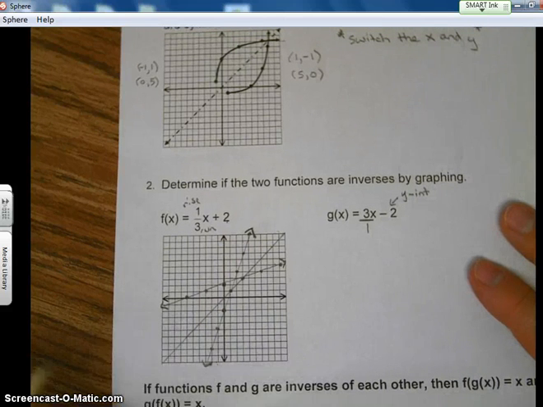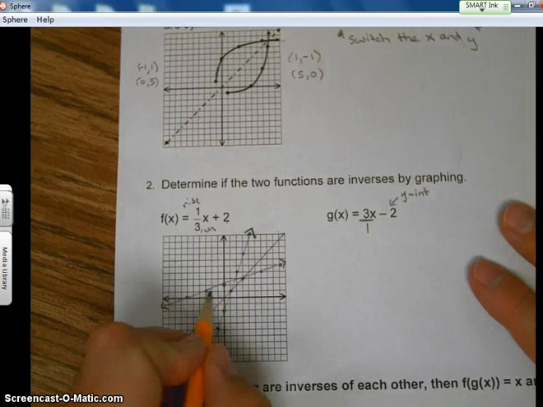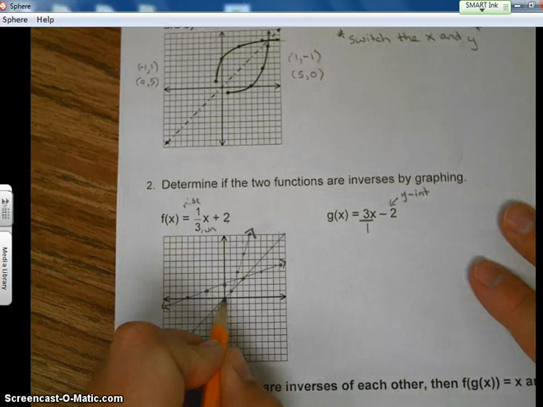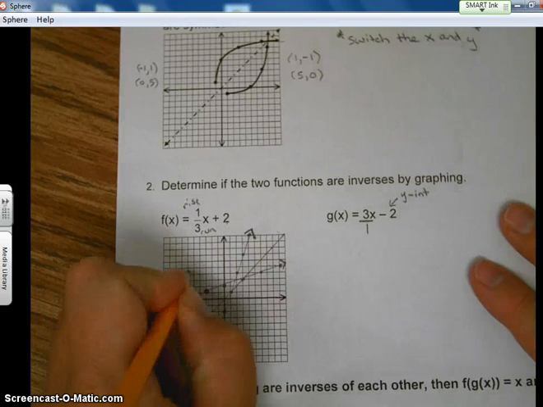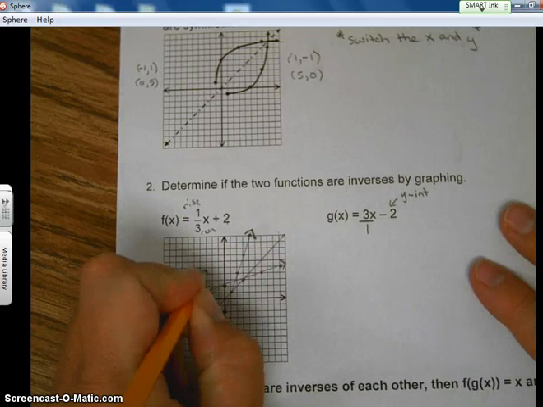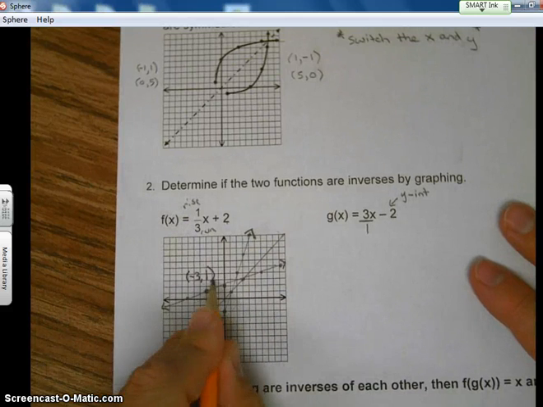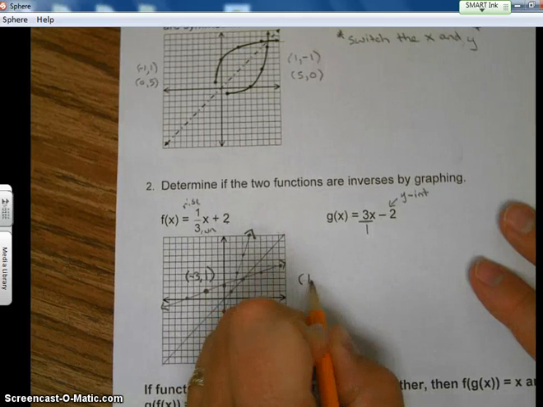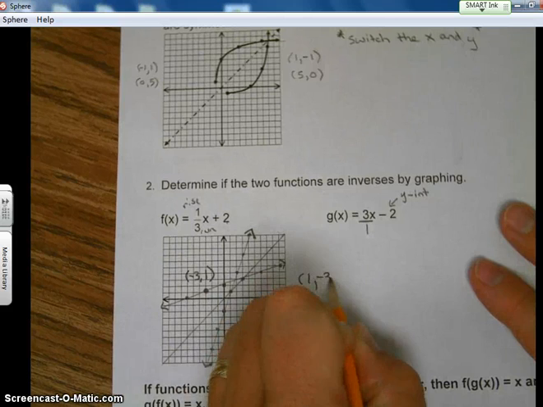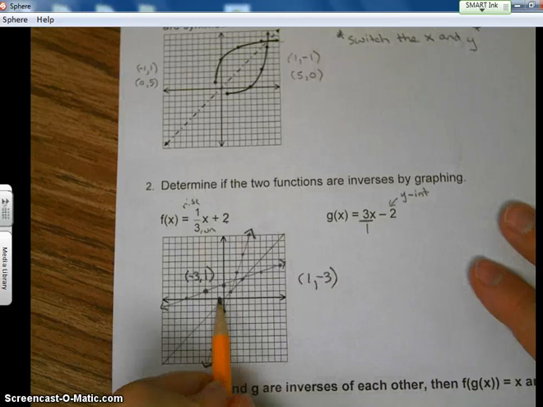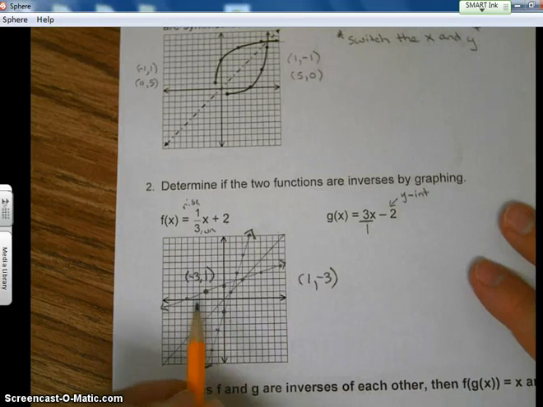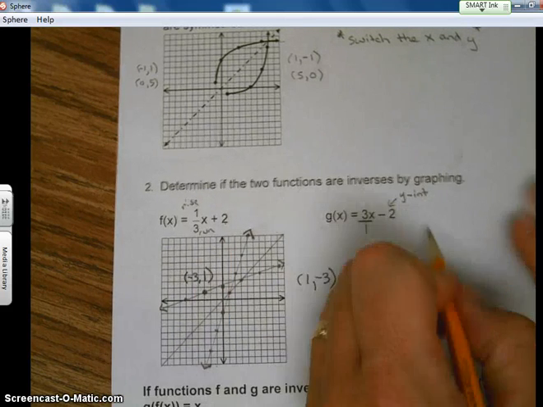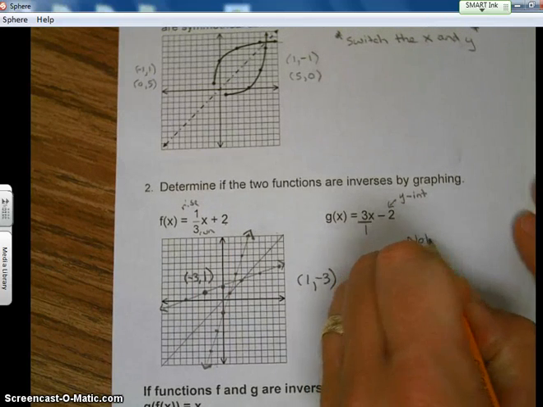We can prove this by just picking a point. Let's pick this point right here. That's going to be -3, +1. The inverse of that point is 1, -3. If I go to 1, -3, notice there's nothing there. So these two functions are not inverses.